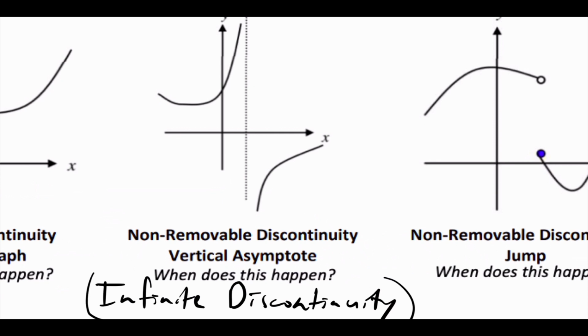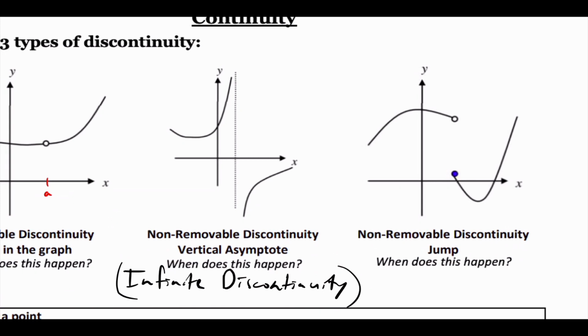If I have an equation like this, 1 over x plus 2, it's going to have this kind of discontinuity, vertical asymptote, non-removable, at -2. Because if I plug in -2, I get 0, right? I get 0. Can't have 0 on the bottom.